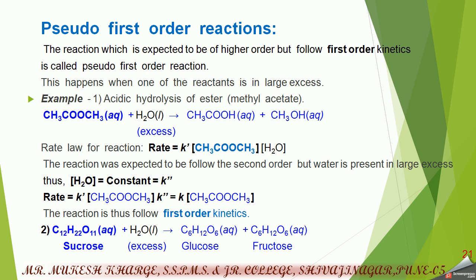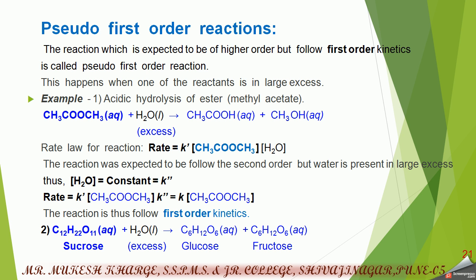And what is the reason behind this? If there are 2 or more reactants in your reaction, and if one of the reactants is in large excess, then we suppose that the reaction is higher order, but actually it follows first order kinetics.